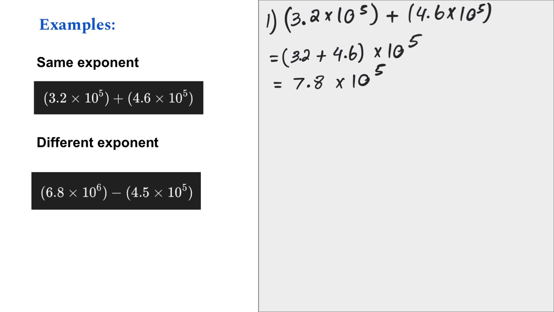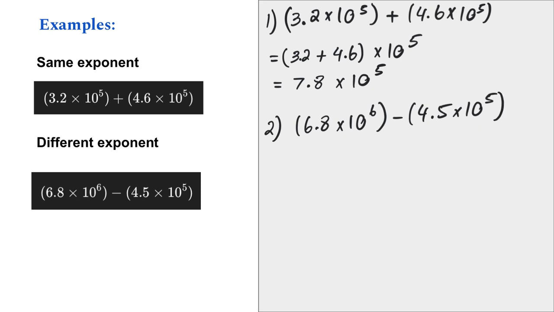Now, what if the exponents don't match? That's where students often slip up. Let's look at this one, and I will try to explain it as simply as I can. So now we have 6.8 times 10 to the 6th power minus 4.5 times 10 to the 5th power.